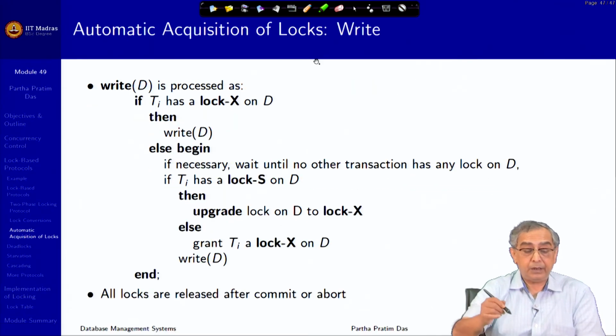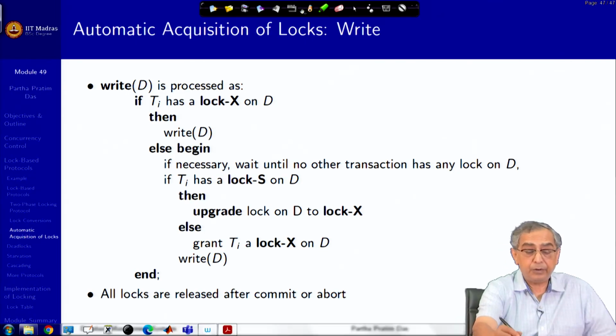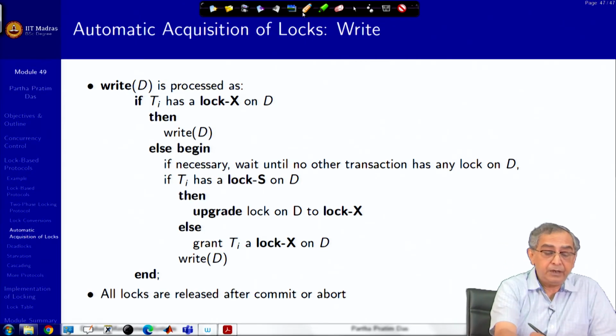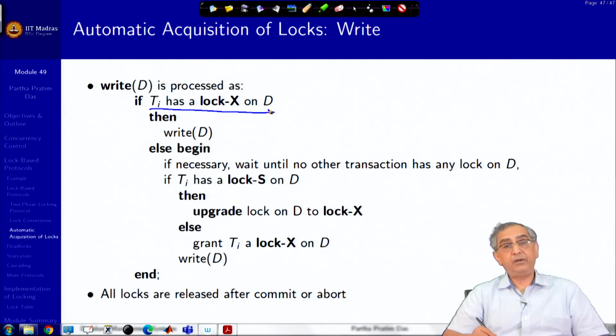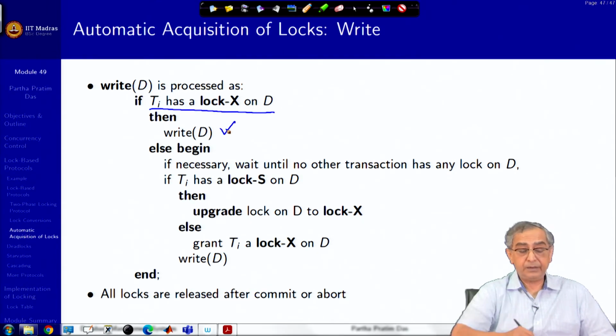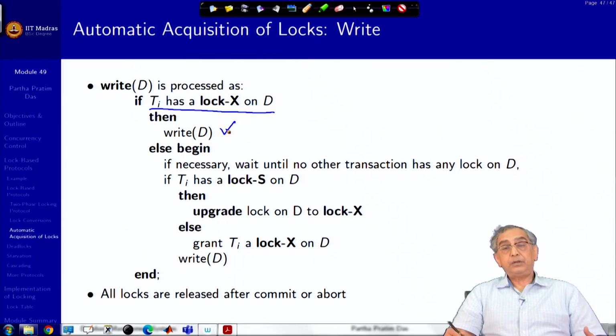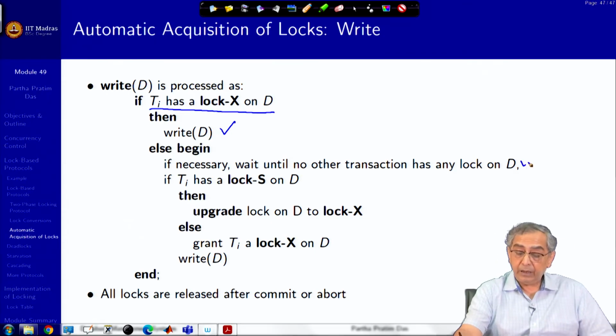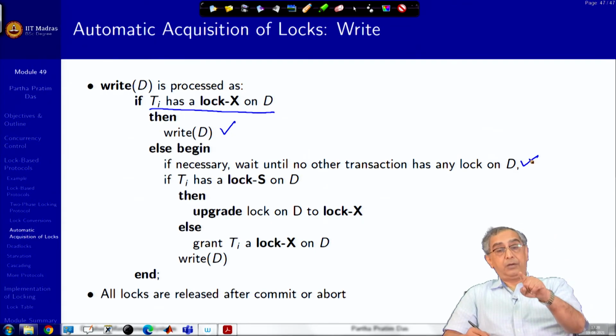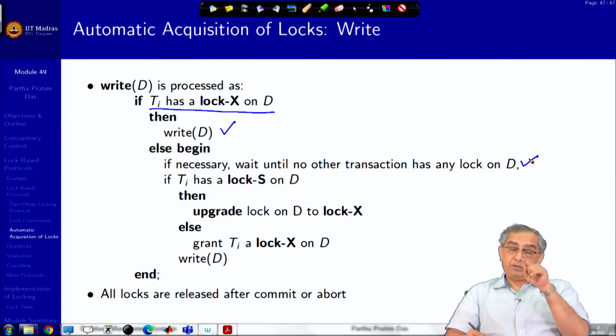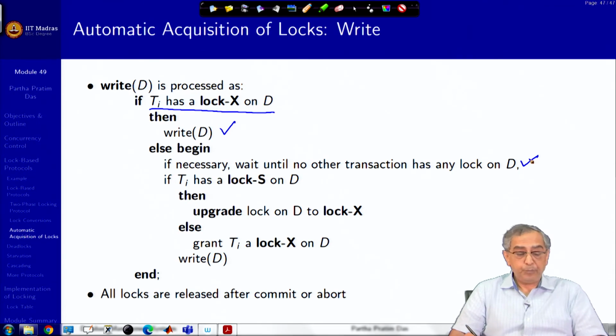Similarly, for write, it is a little bit more complex, but very intuitive. For write, you need an exclusive lock. If you have that, go ahead and write. If you do not, you have to wait until no one else has any lock, because you are going to write. So, you are going to ask for exclusive lock. Right?